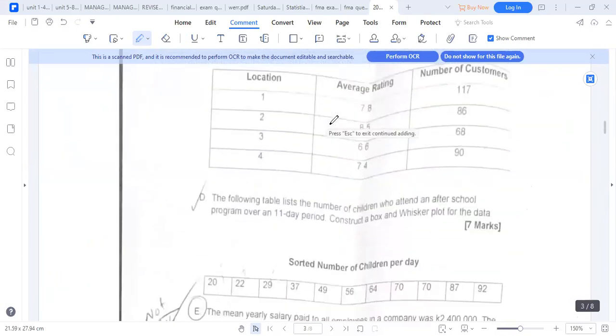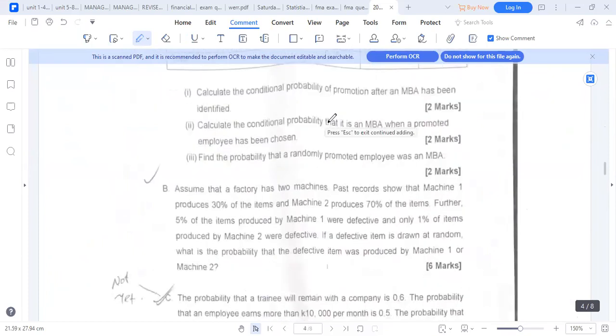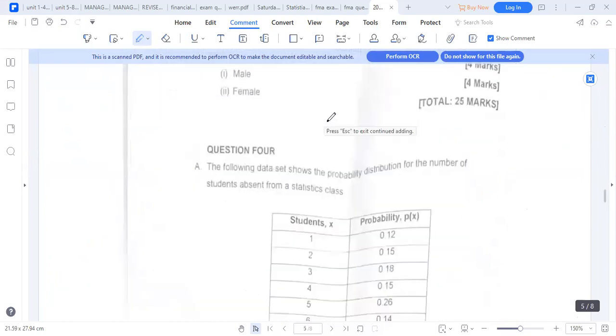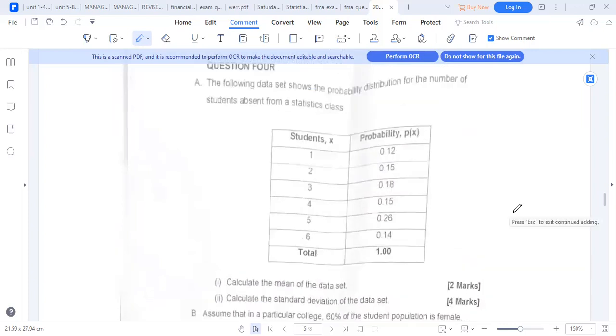The November one is somehow different; the way they brought Anova is different and confusing.